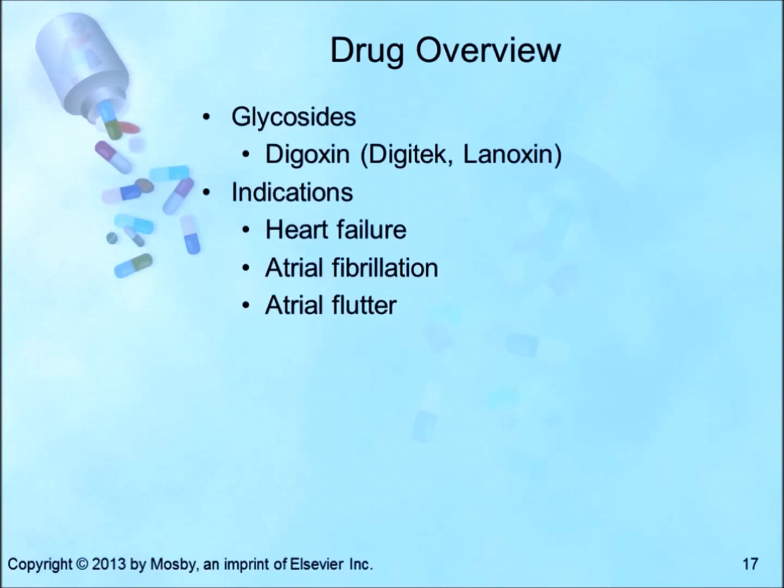Patients with heart failure commonly take at least 2 medications, a diuretic as well as an angiotensin-converting enzyme inhibitor. The potential for toxicity or lack of efficacy is the major disadvantage of digoxin use.